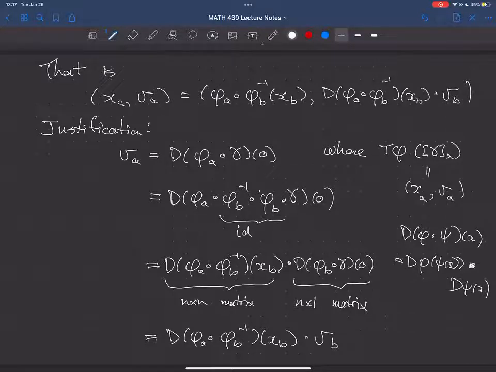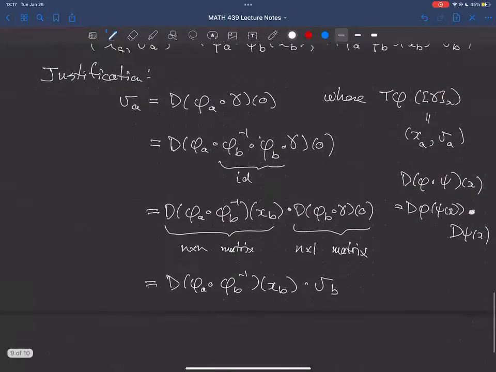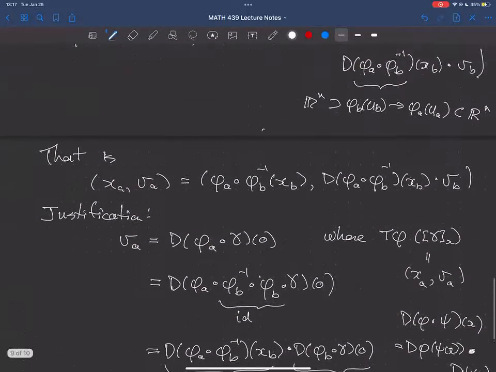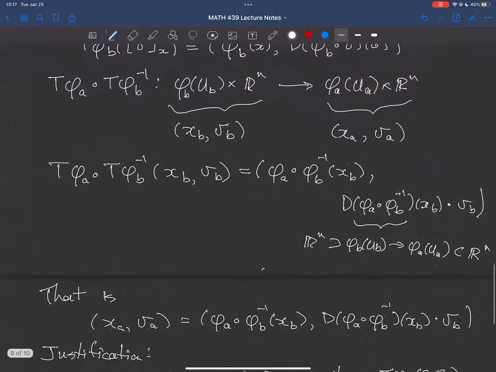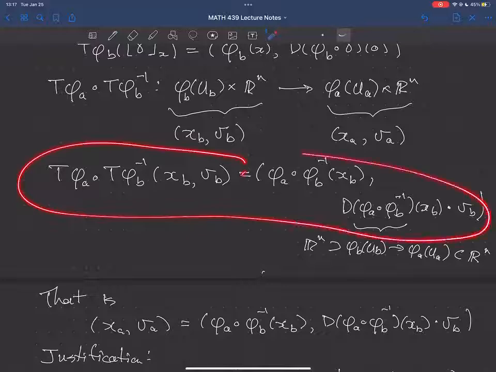All right, which is exactly what I set up here. Okay, so that verifies the overlap condition. Oh, sorry, that doesn't verify the overlap condition. That just tells me what the overlap map looks like. Okay, so the overlap map looks like this. Okay, that's what the overlap map looks like.